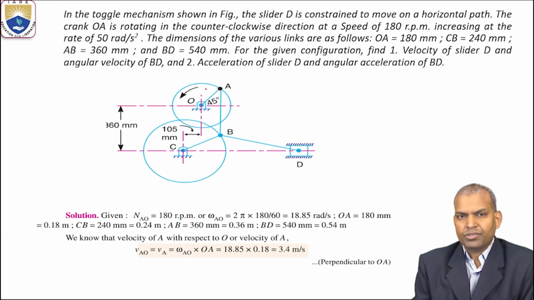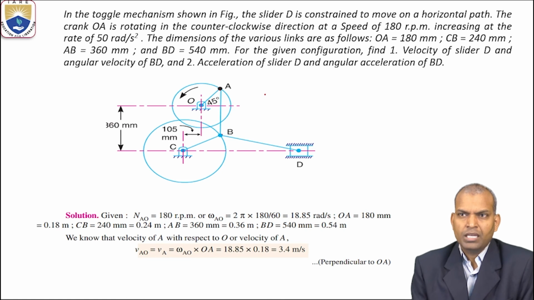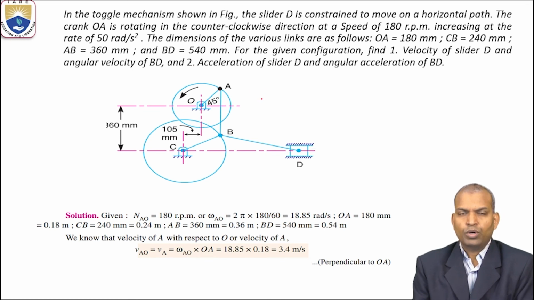The dimensions of the various links are as follows: OA equal to 180 millimeters, CB equal to 240 millimeters, AB equal to 360 millimeters and BD 540 millimeters. For the given configuration, there are 2 objectives.